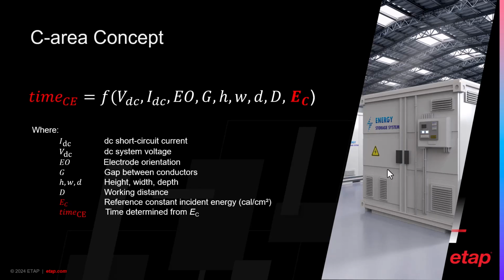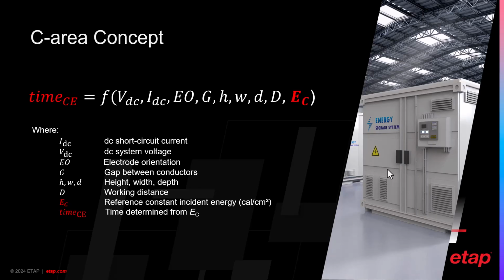Regardless of the method you use, we have to look at which input parameters help create those fluctuations in the arc flash results, right? Which, of course, are going to be the system voltage, the fault current, the electrode orientation, the gap between conductors, the enclosure dimensions, working distance, and of course, all of that with respect to a target incident energy.